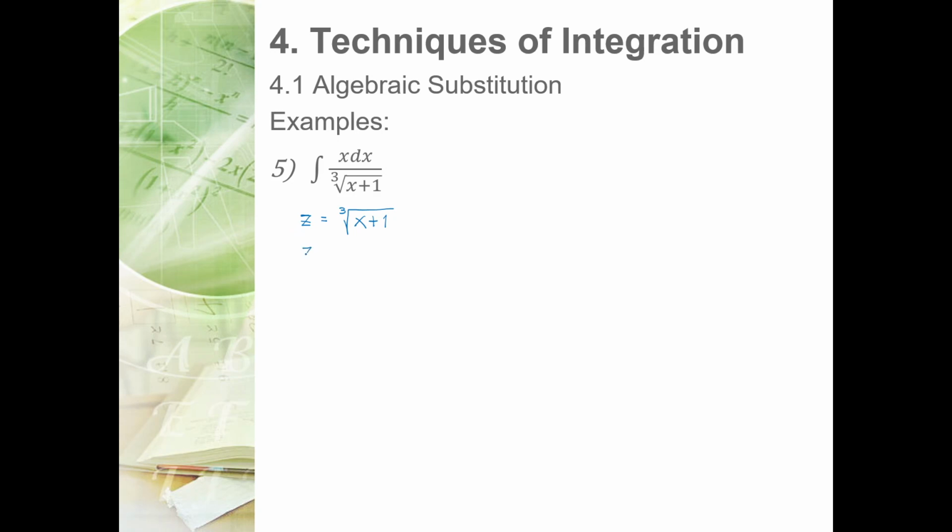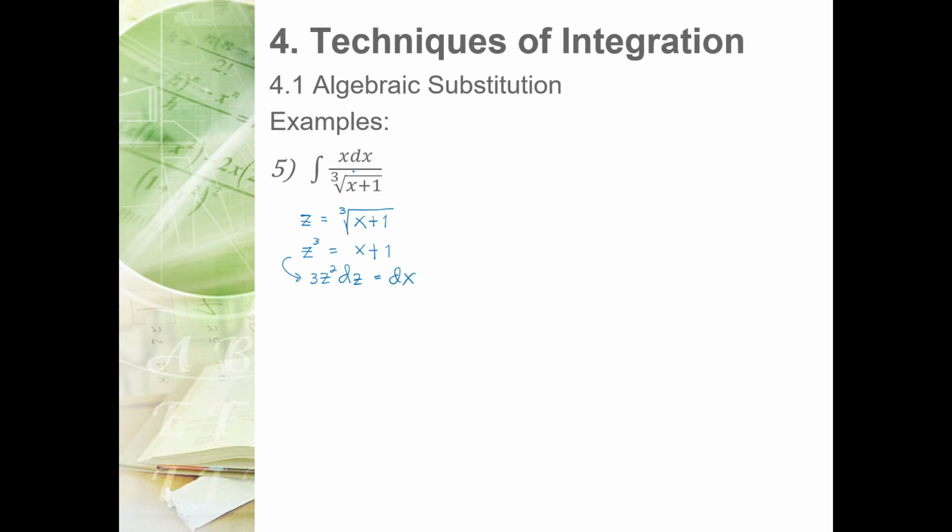Cubing the equation, this becomes z cubed is equal to x plus 1. Next we derive, so this becomes 3z squared dz is equal to dx.